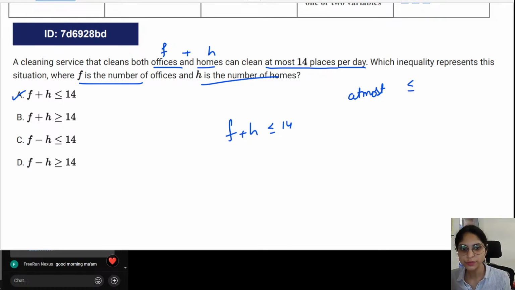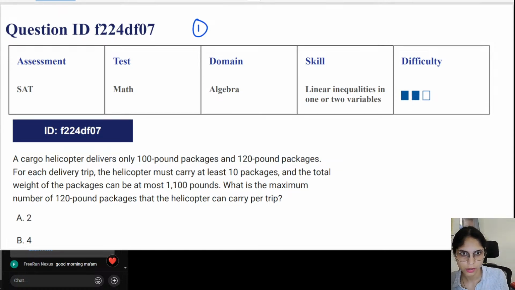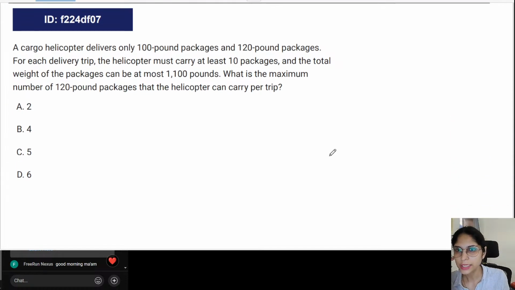Yeah. So now moving forward to medium word problems. Question number 1. A cargo helicopter delivers only 100-pound packages and 120-pound packages. For each delivery trip, the helicopter must carry at least 10 packages. Okay, so there are two kinds of packages. Let me call this x, let me call this y.